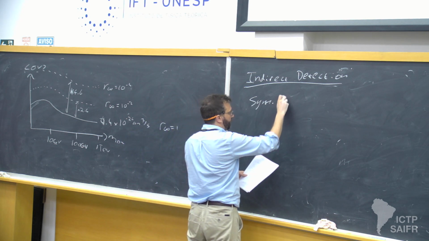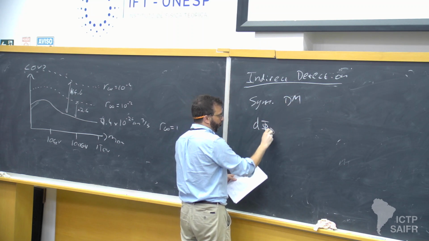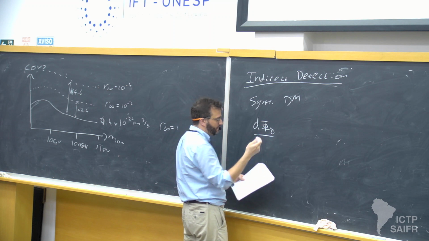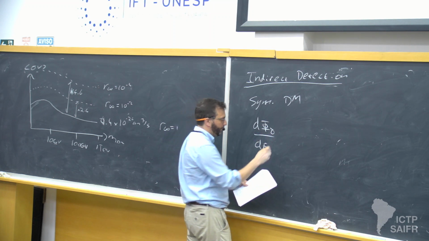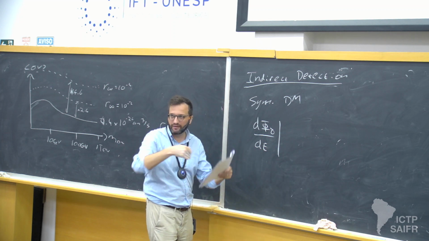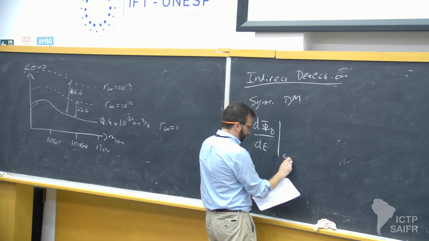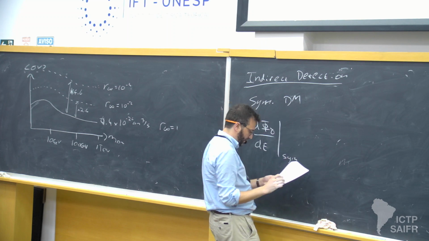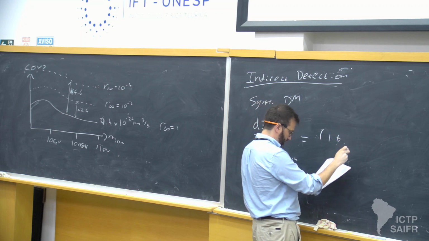For symmetric dark matter, the flux can be photons, neutrinos, or charged particles in principle, but there you have to take into account the bending of their path in magnetic fields. Let me just write it in terms of photons. Neutrinos are just as valid, of course.